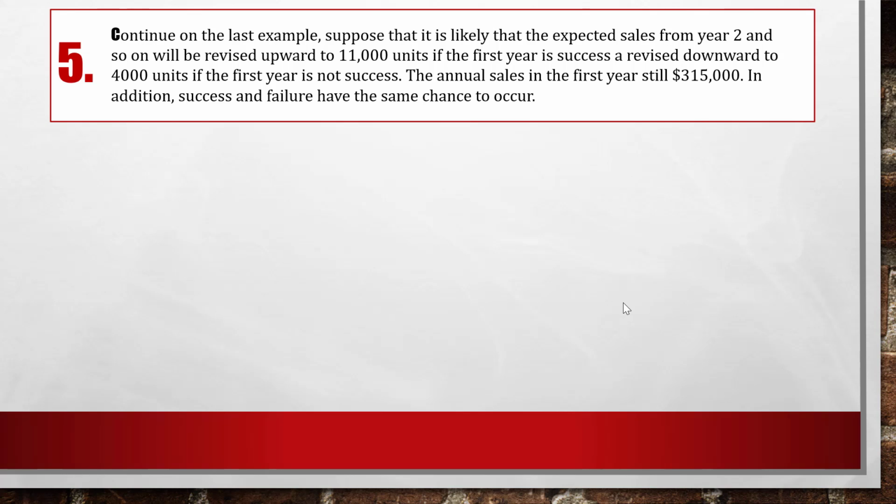So this is a decision tree, right? We have two different cases. The annual sales of the first year is still 315,000. In addition, success and failure have the same chance of occurring. That means 50%, 50%. So we have a 50% chance that we succeed and 50% that we fail.